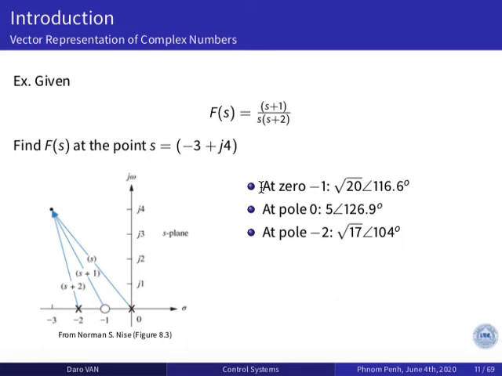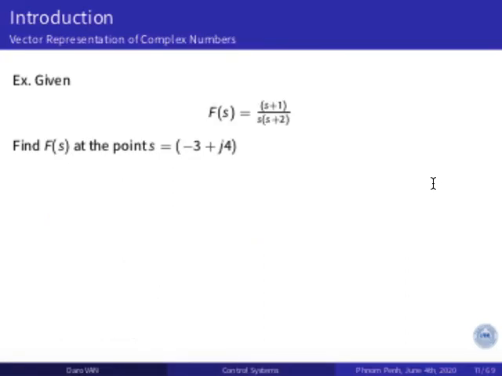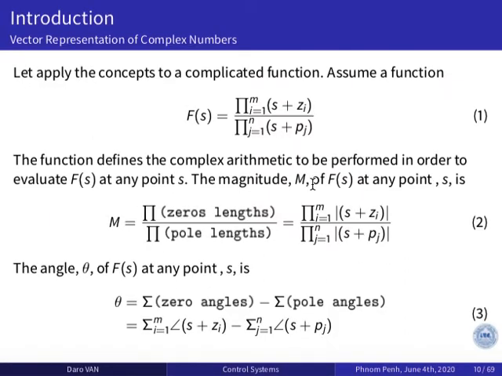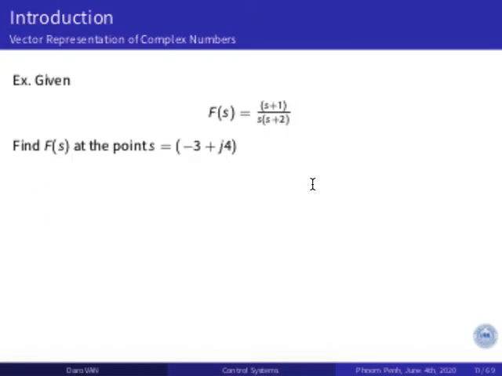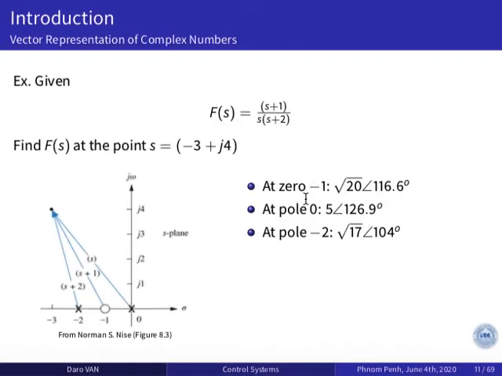If you do the math, at the zero minus 1, this is the magnitude and this is the angle. You can use the previous definitions. At the pole 0, this is the magnitude and this is the angle. At the pole minus 2, you can compute and we end up having this magnitude and this angle.